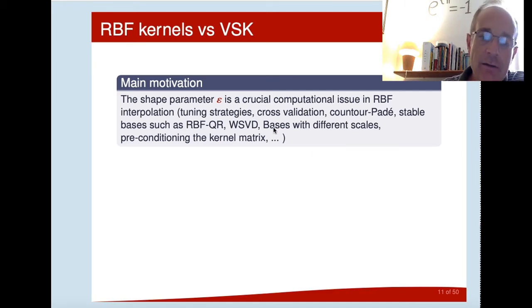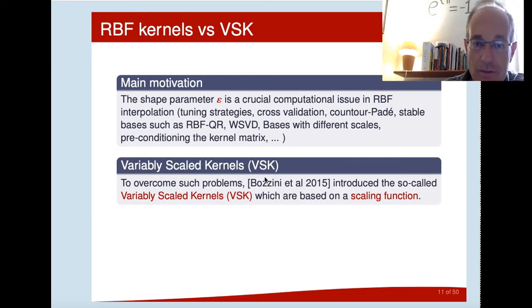But there are then bases with different scales. There are some people working on preconditioning the kernel matrix, or the collocation matrix, as we want to call it. So in the literature, you can find many options related to this crucial point, which is the so-called epsilon, the shape parameter.